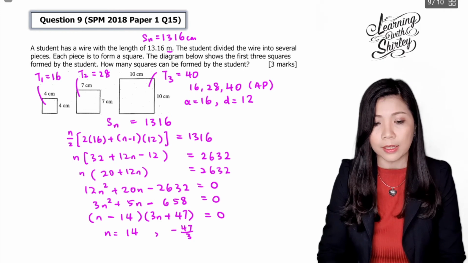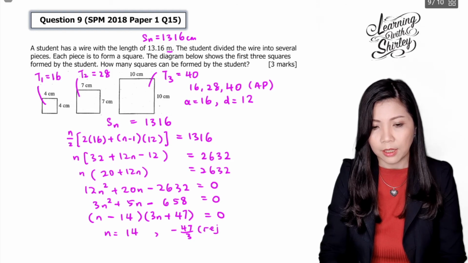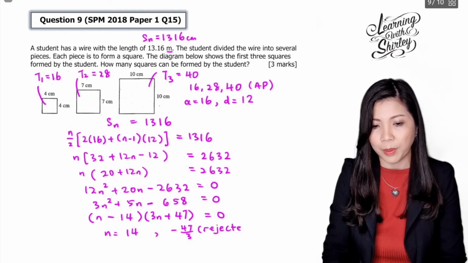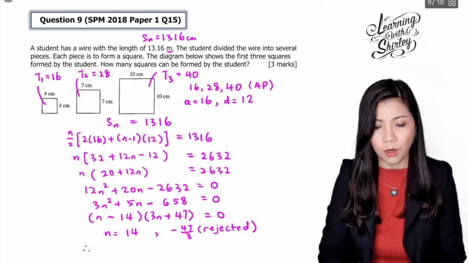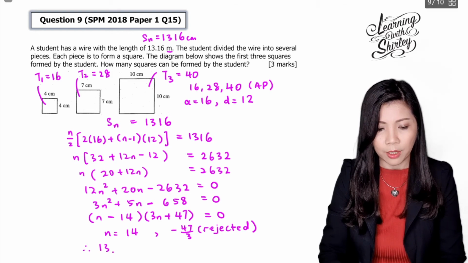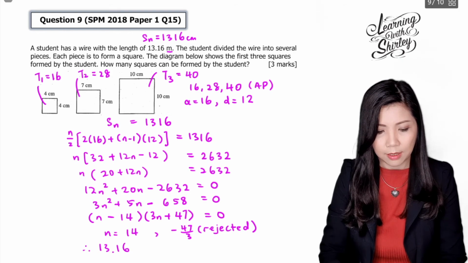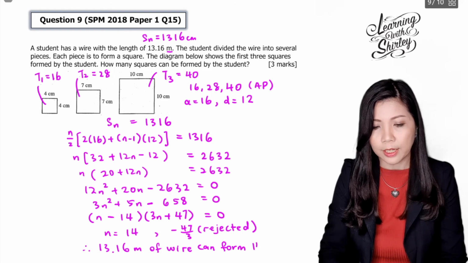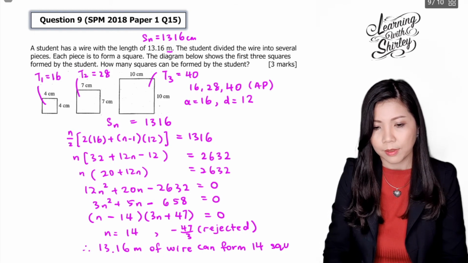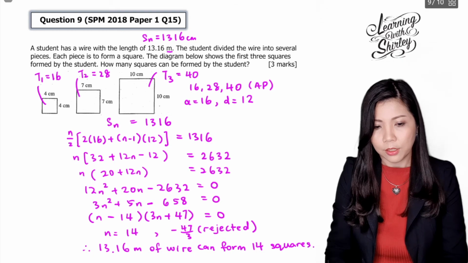But this negative answer is rejected, because the number of squares formed cannot be negative. So we're going to write a statement. Therefore, 13.16 meters of wire can form 14 squares. So this is the final answer.